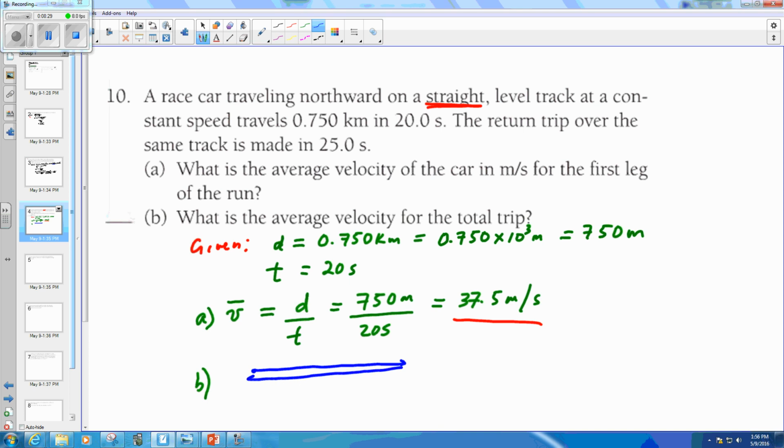Now, if you recall what we said about displacement, displacement looks at only two things. What is the straight line distance between the starting position and the ending position? Note, this is our starting position, and the same position is our ending position. So there is no difference between our starting position and our ending position. Therefore, we know that the displacement in this case is equal to 0.